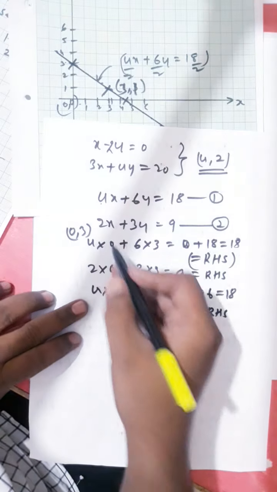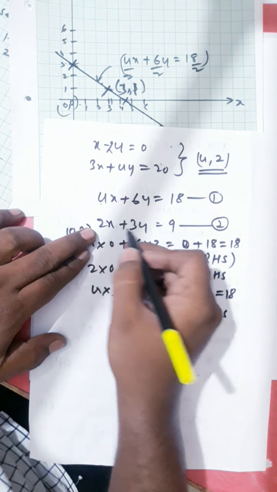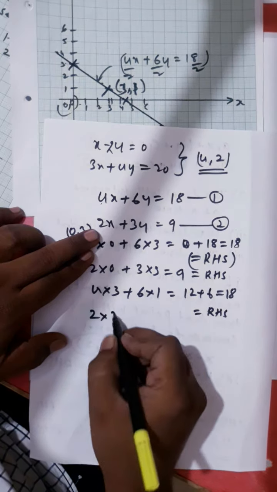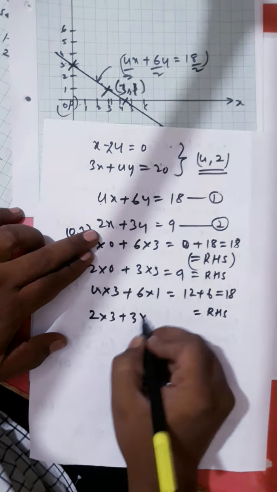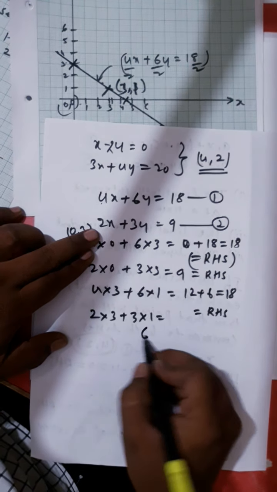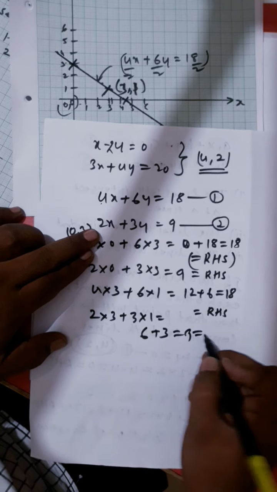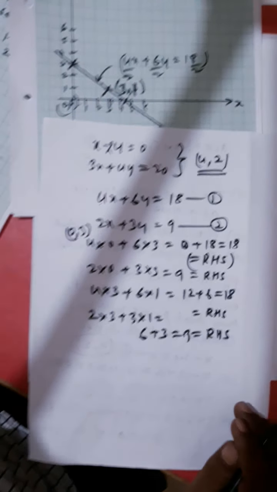Then look at the second equation, x = 3, y = 1: 2 into 3 plus 3 into 1, again it will be equal to 6 plus 3, 9, which is the RHS.